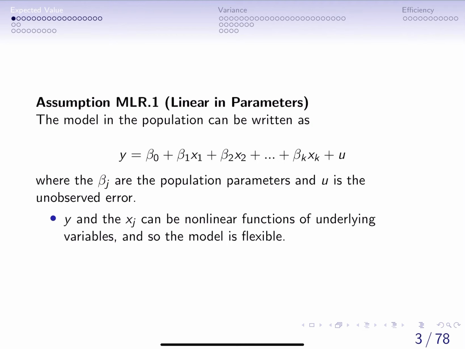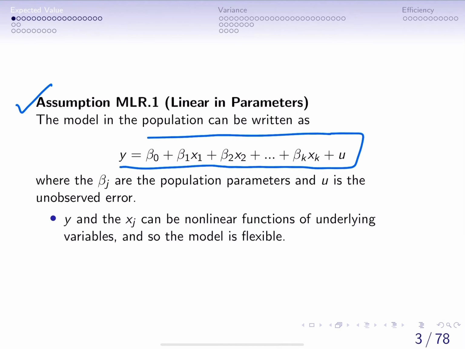So the first assumption is that we want linearity in parameters. So we can write out a population model with many x's now, many independent variables, and we're trying to explain the dependent variable y. Remember that we can allow for y and x to be nonlinear functions of each other.